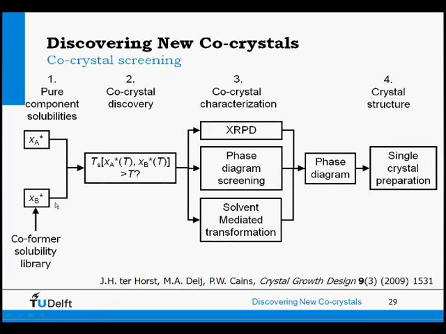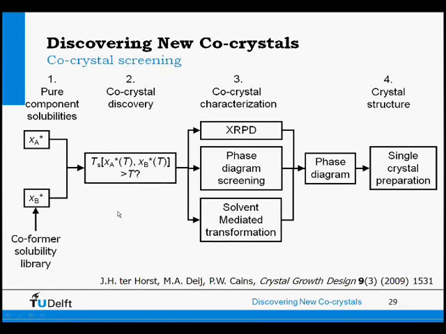As long as you know the pure component solubilities, you know where to screen for co-crystals, and you can screen for co-crystals as long as you have a good preparation method for your co-crystals. So usually that can be cooling crystallization, but it can also be evaporative crystallization.